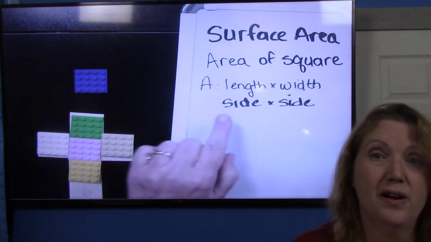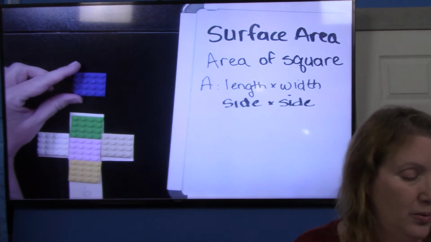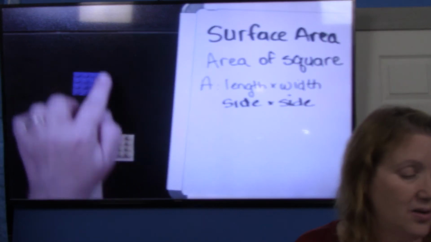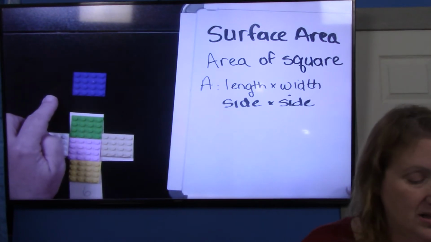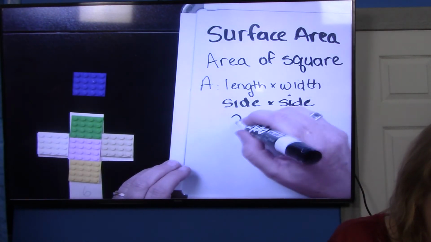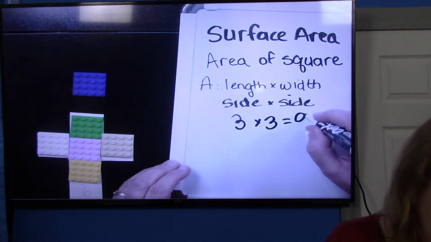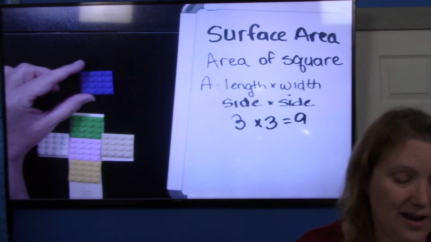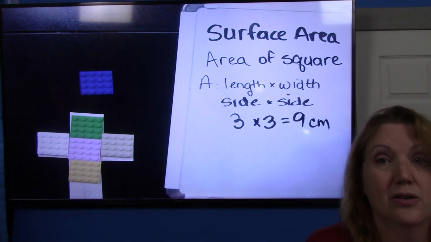Now, in order to find my area, I said all I have to do is take the one side times the other side, because all my sides are the same. They're all 3 all the way around. So I'm going to take 3 times 3, and I find out that the area of one of my squares is 9 centimeters, because I measured it in centimeters.